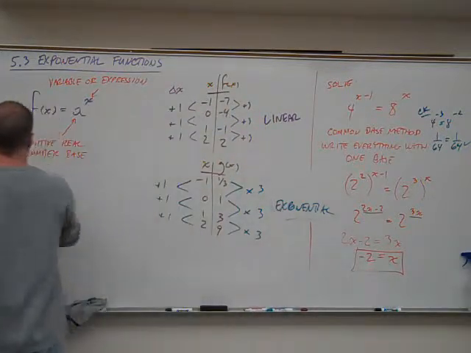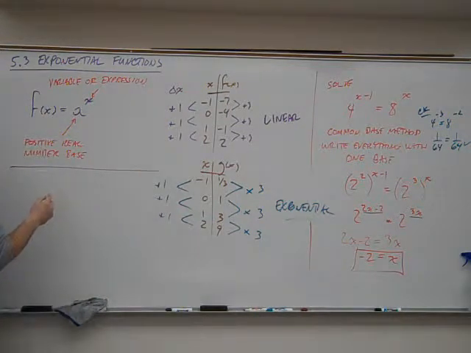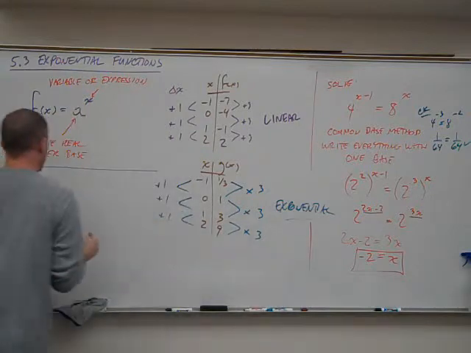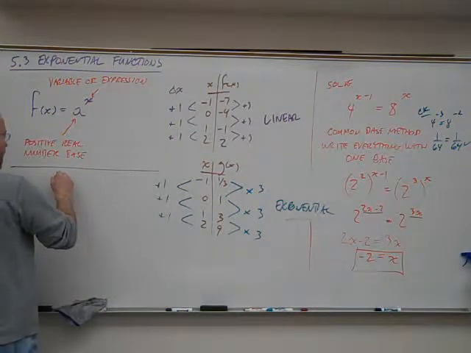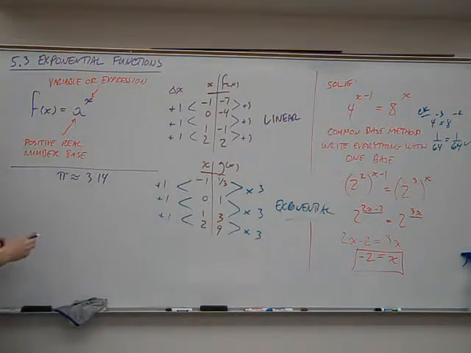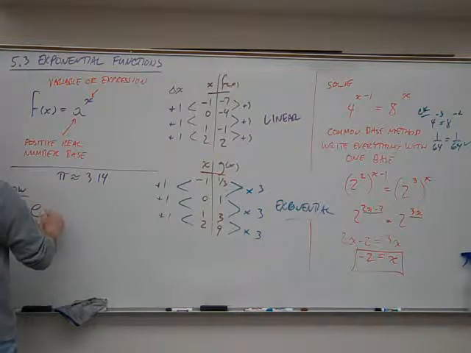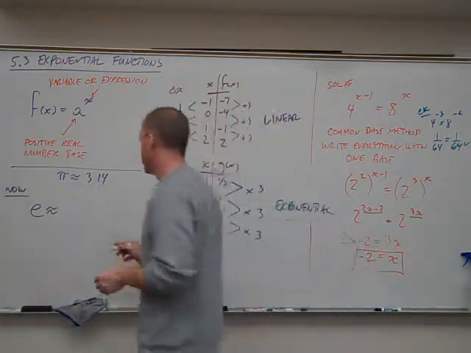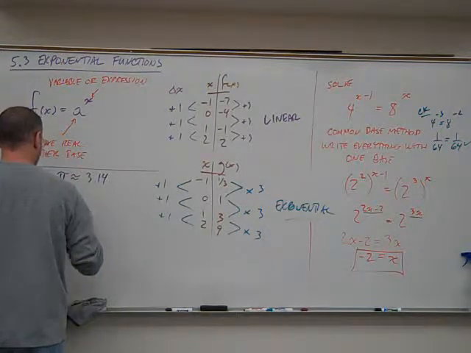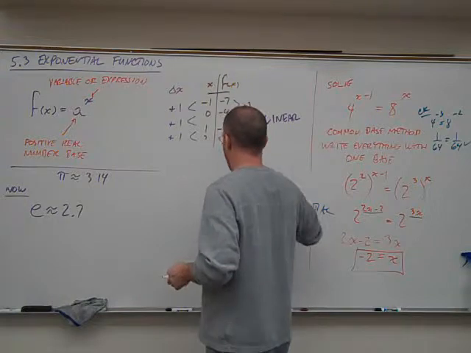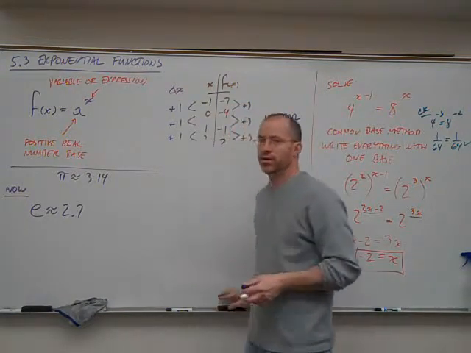You will see in the homework some use of the natural exponential base e. You know, for instance, that pi is a transcendental irrational, about 3.14. Now you're going to see e, which is a transcendental irrational, the natural exponential base, which is about 2.7. For just ballparking e, think it's around 2.7.